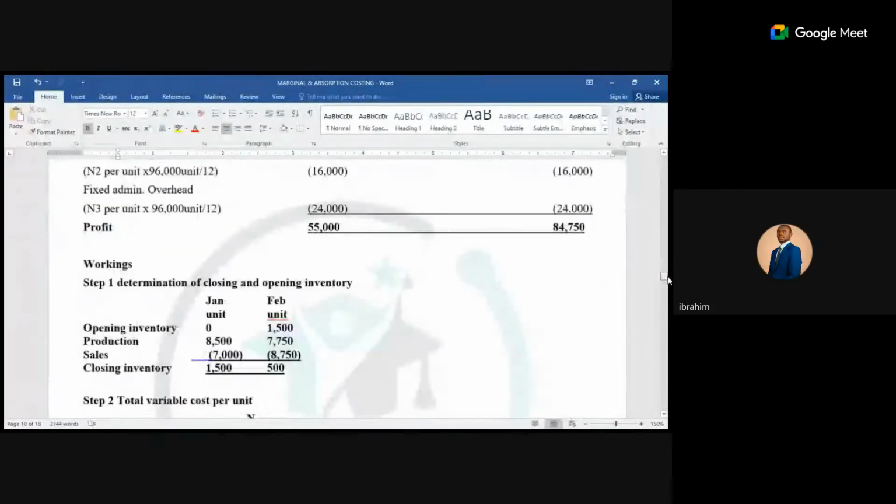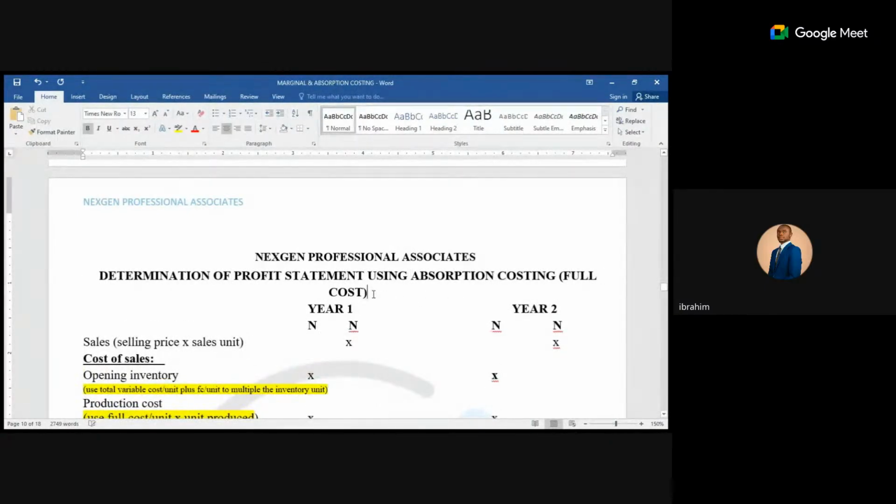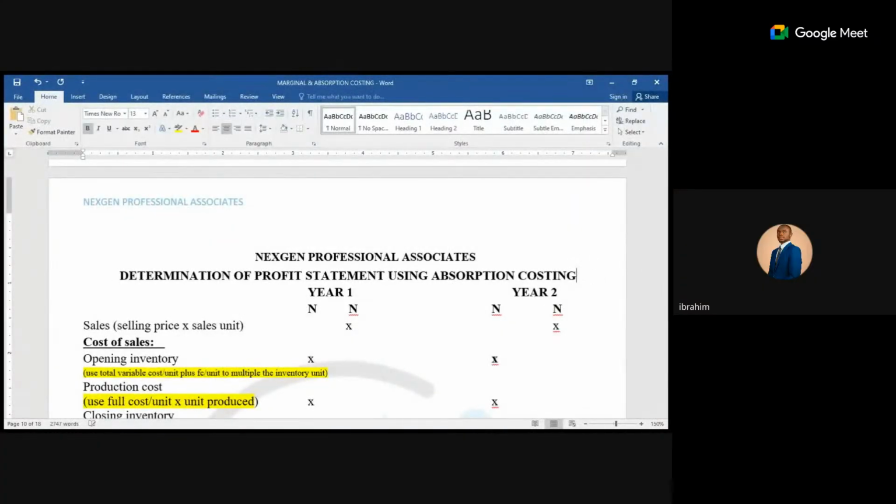You can say determination of profit statements using absorption costing for January and February, right?